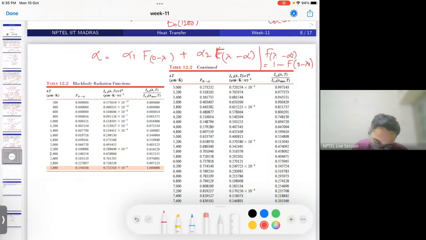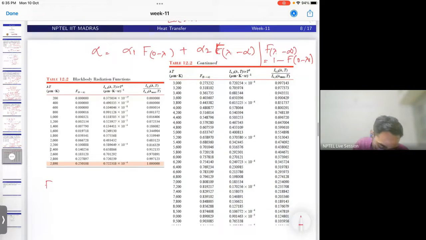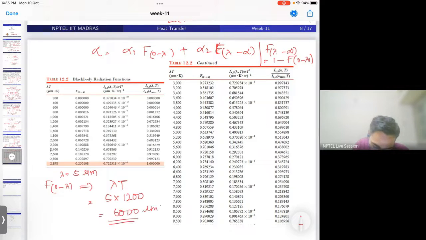So we can find out f 0 to lambda, where lambda is equal to 5 micrometer. For that we need to find lambda T, that is 5 times 1200, that is 6000 micrometer Kelvin.